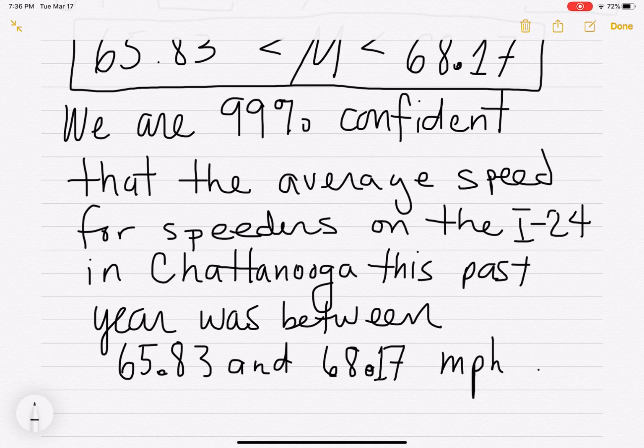That gives us a lower bound estimate and an upper bound estimate for the average speed for all speeders with a 99% confidence.